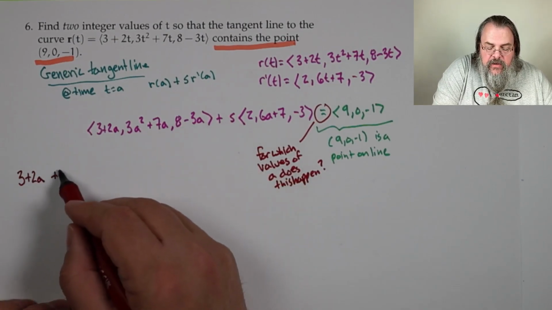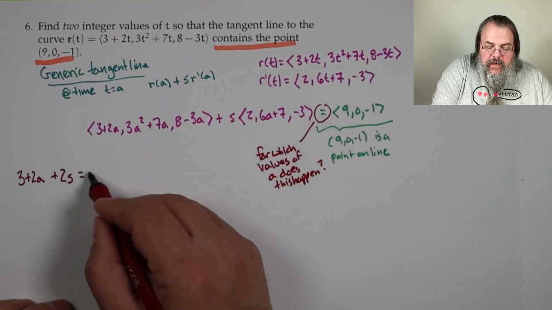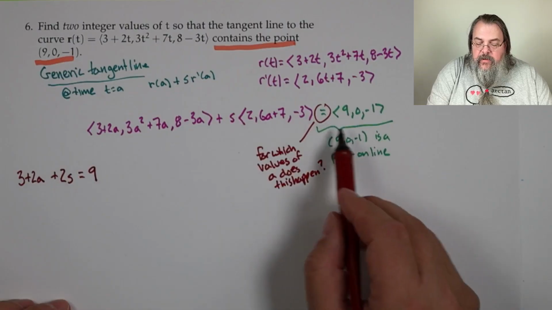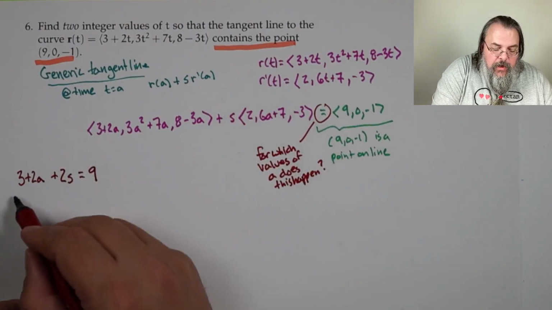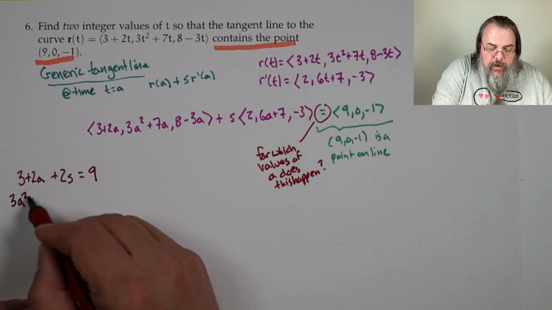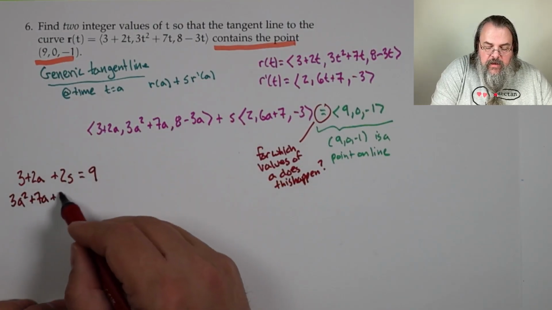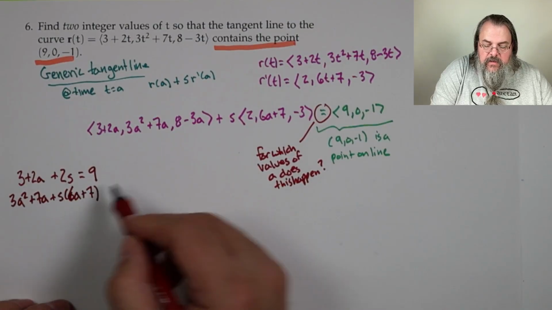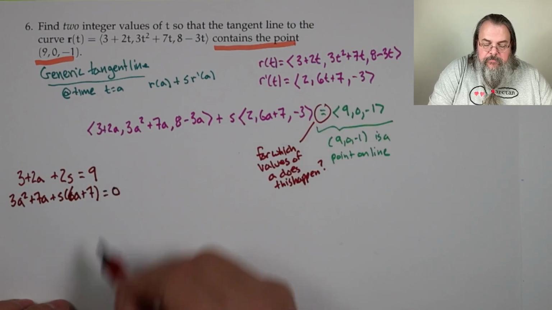plus 2s has to equal 9. Okay, that's the x entries. Don't forget the s will distribute through. Then the y entries, 3a squared plus 7a plus s times 6a plus 7 has to equal 0.